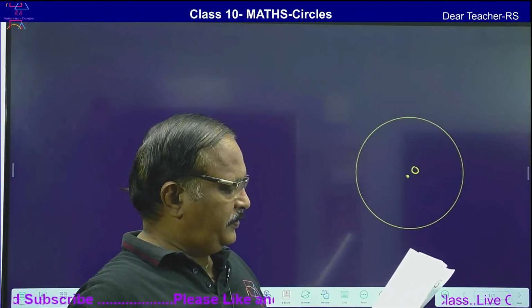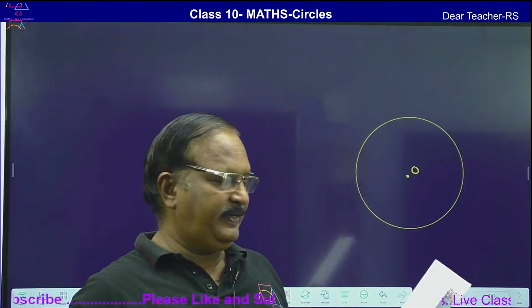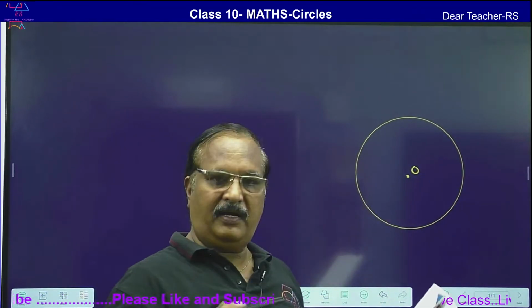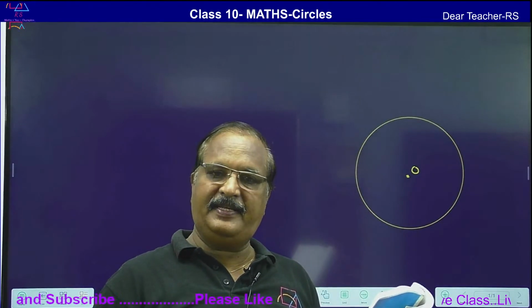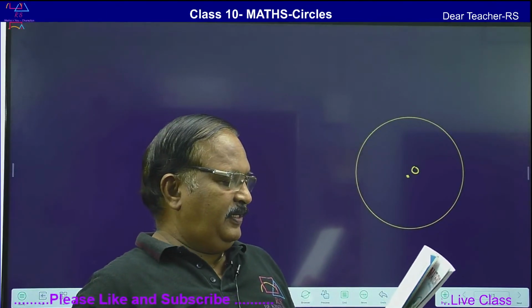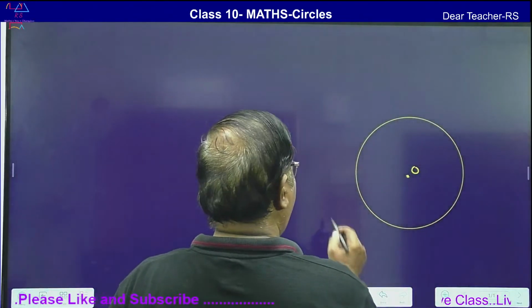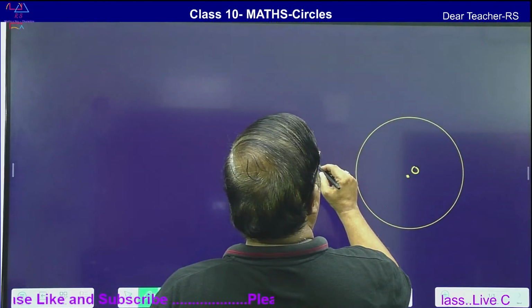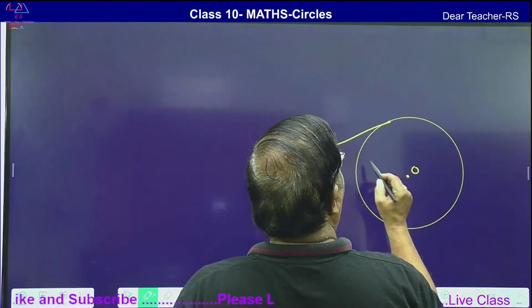Okay, diagram is not given, so we have to find out whether Q is on the circle or not. If you read it carefully, you will come to know. You can easily draw the figure. So let me assume Q is outside. The length of the tangent, say this is the tangent, is 24.